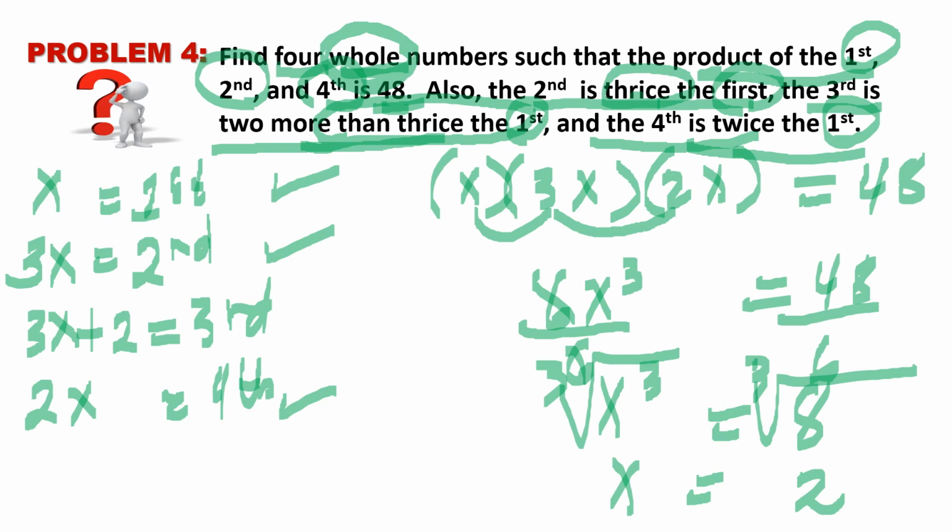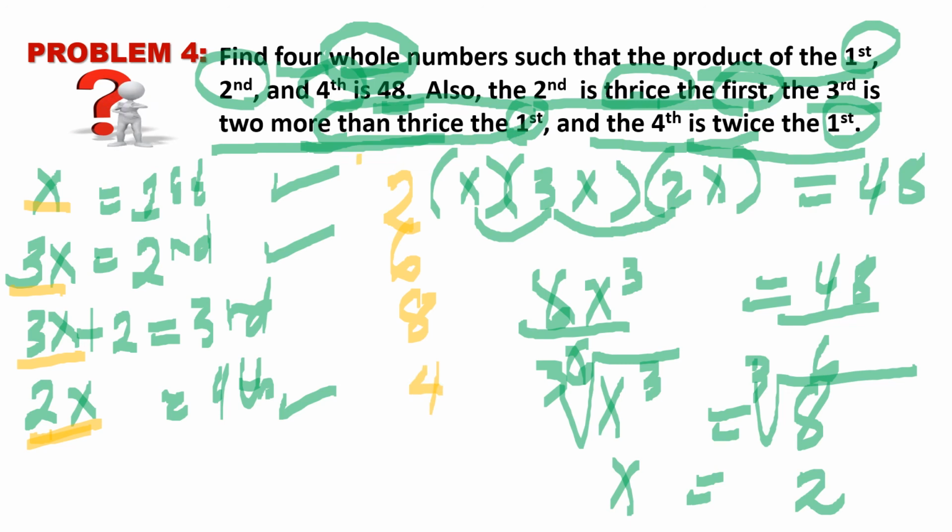Now let's find all the 4 whole numbers. x is 2, so the first number is 2. Then 3 times 2 is 6, the second number. The third number is 3 times 2, 6, plus 2, 8. And finally, the fourth number is 2 times 2, 4.